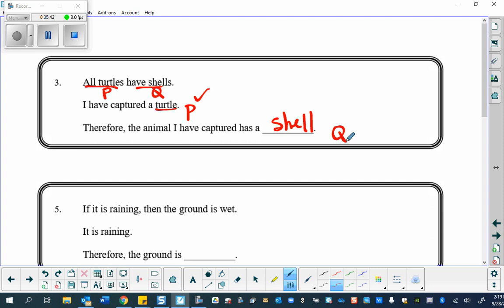So what does that mean? Q is going to be true. Inductive or deductive? This is deductive reasoning. It is my law of detachment.